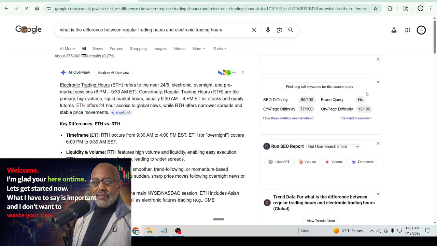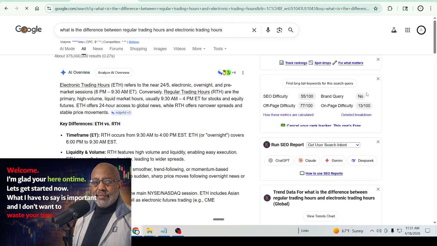This is what the definition is. Electronic trading hours refers to the near 24/5 electronic overnight and pre-market session, 6 p.m. to 9:30 p.m. Conversely, regular trading hours are primary high-volume liquid market hours, usually from 9:30 to 4 p.m. Eastern Standard Time for stocks and equities and futures.